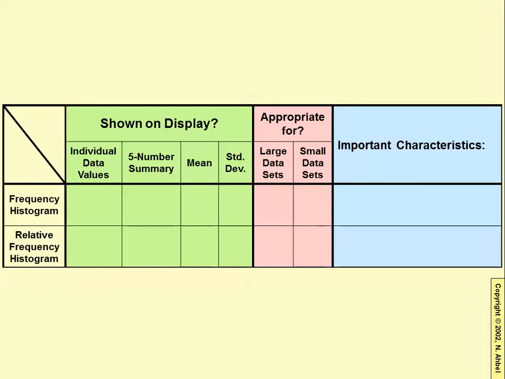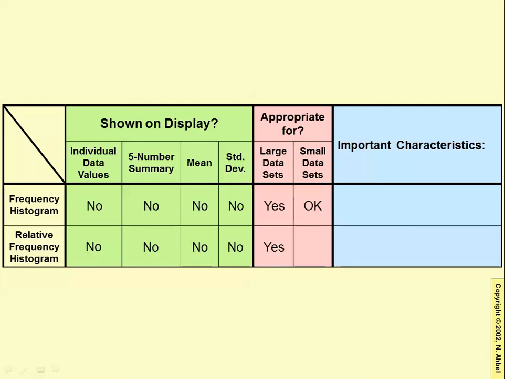Looking at the important characteristics of the frequency histogram and the relative frequency histogram, the individual data points, 5-number summary, mean, and standard deviation, none of those are shown on the display. The frequency histogram and relative frequency histogram both are good for large data sets.